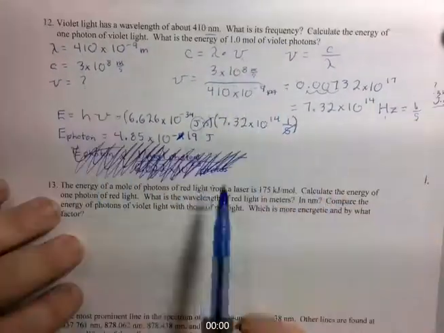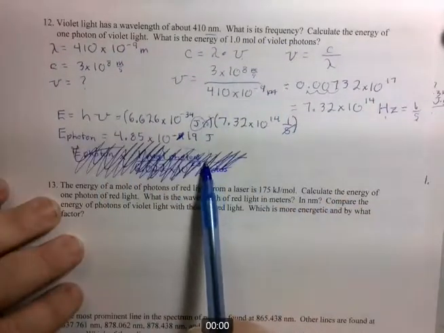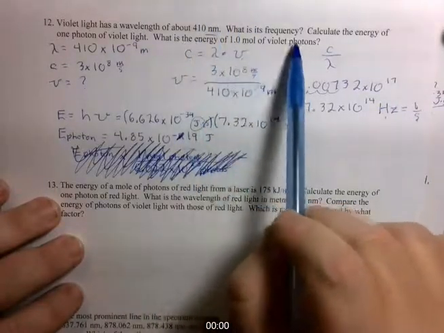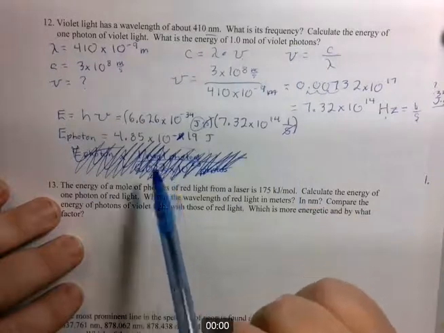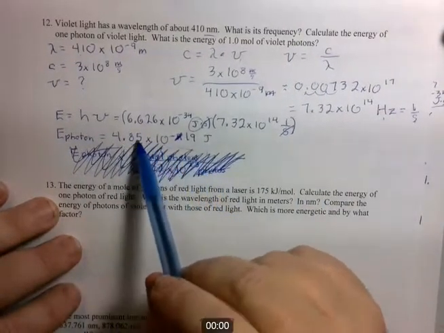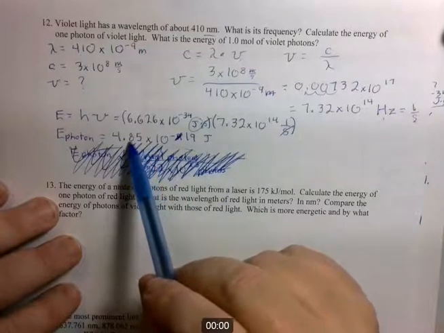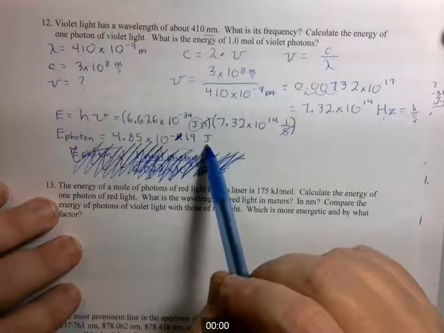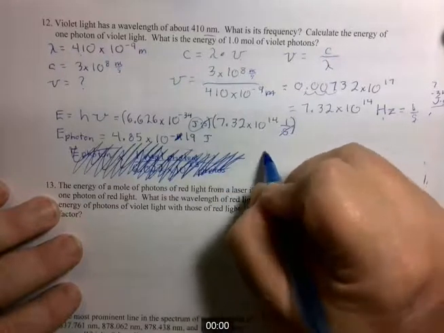The last part is asking, what is the energy in 1 mole of violet photons? I read the question wrong and started to do the problem wrong, so I'm going to do it again here. You've got 4.85 times 10 to the minus 19 joules per photon. So we're going to write that out.